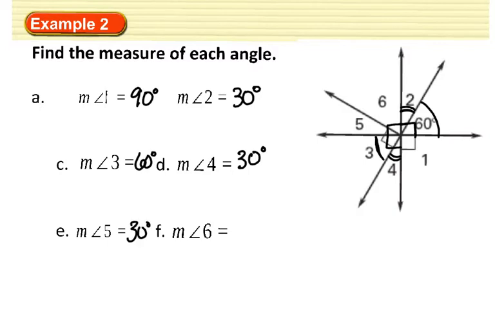So 5 is 30. The measure of angle 6: again, 5 is 30 degrees, so 6 is going to be that 60 degree measurement.